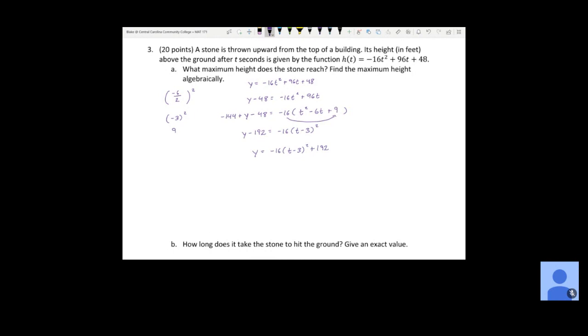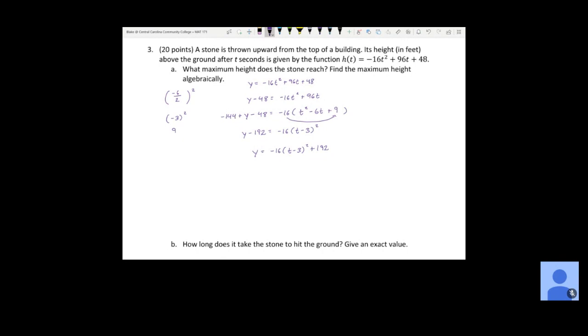Any questions just about getting it into that form? Okay, so now we want to know the maximum height.